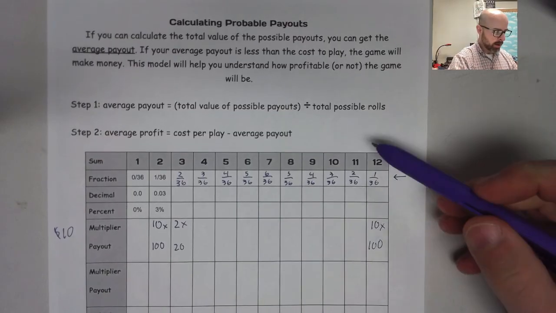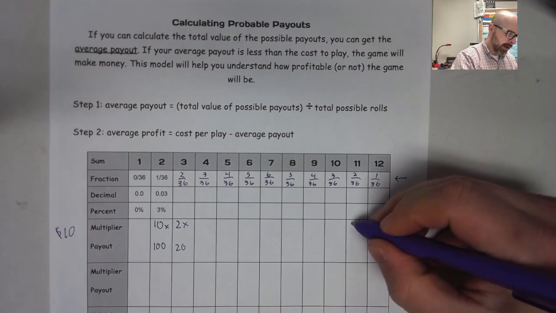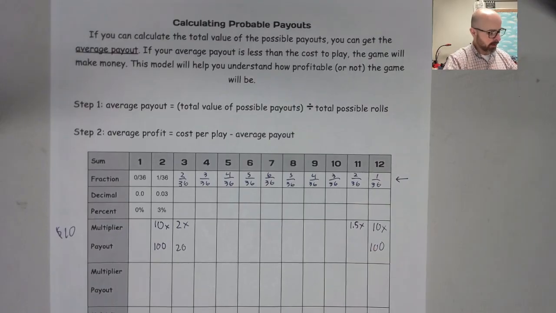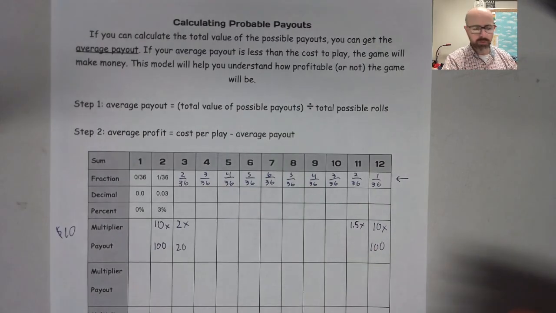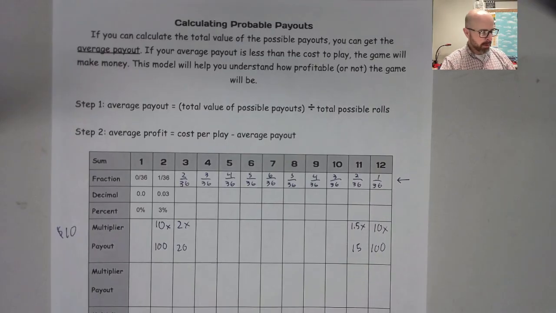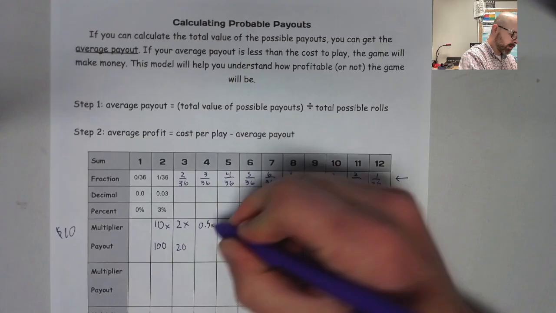In fact, I'm going to do something different. Rolling an 11, that's going to be a 1.5 times multiplier, just for fun. That would give me $15 back. And just for fun also, if I roll a 4, that's a 0.5 multiplier.